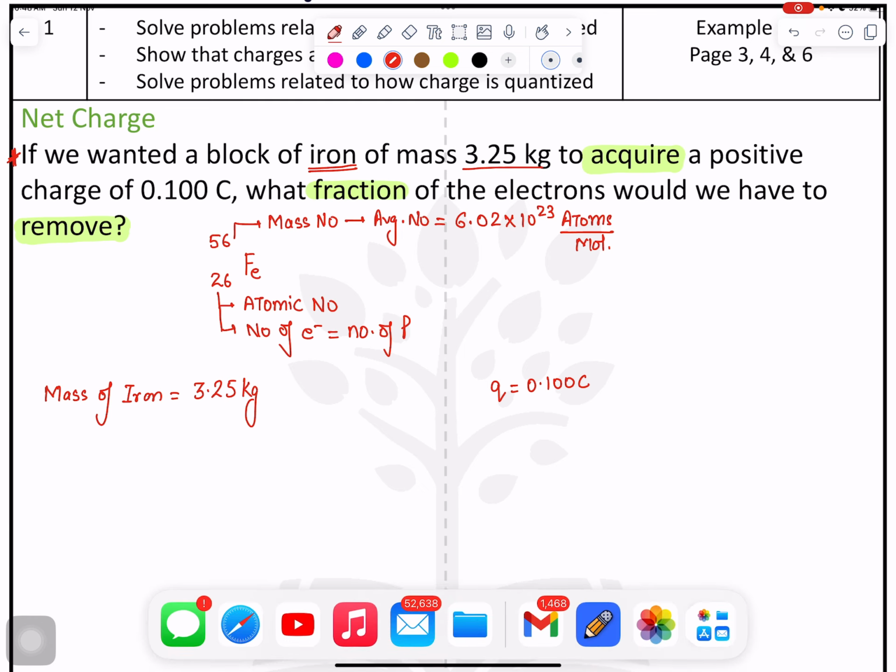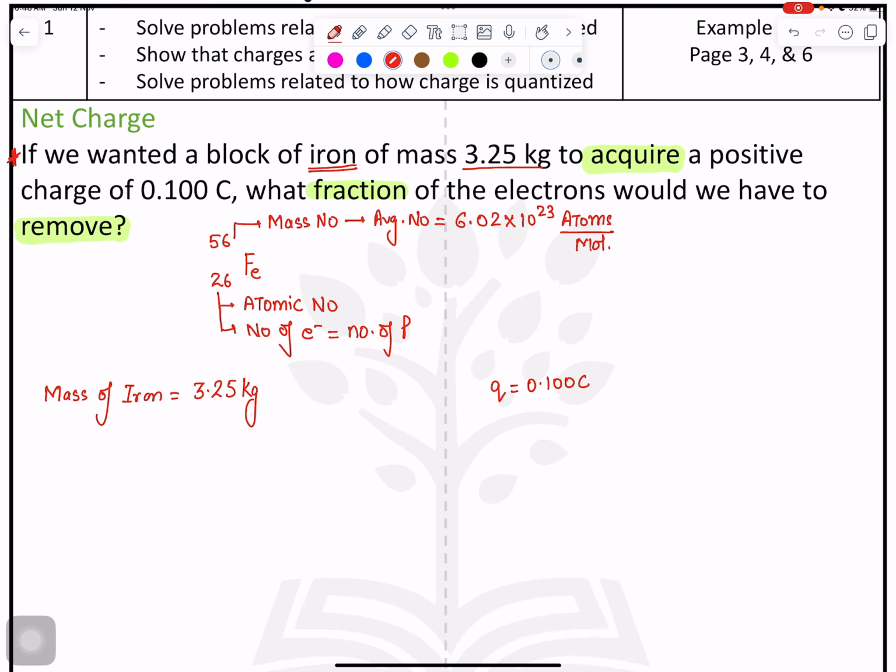So the first step, we need to find the number of positive charges. As per the quantization of charge, we have the formula Q equals Ne, easy to remember with this triangle.